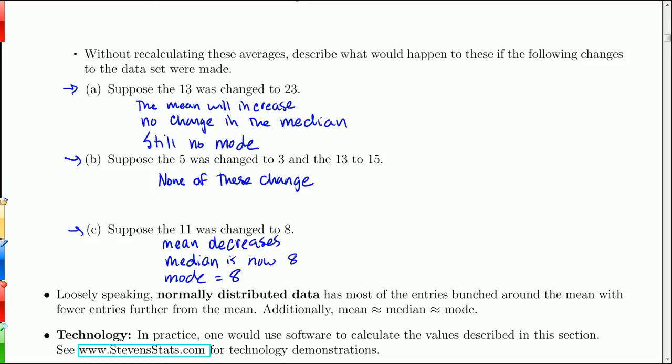And you don't necessarily have to recalculate all these things to know how these changes are going to take place. Loosely speaking, a normal distribution, or normally distributed data, and we'll slowly refine this definition to be more and more specific, but for right now, loosely speaking, most of the data values are bunched around the mean.